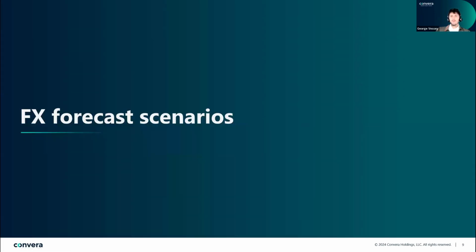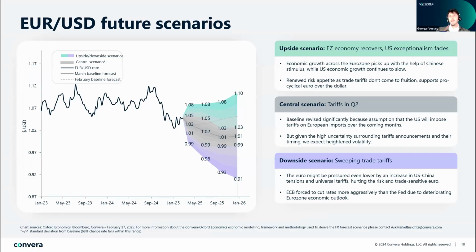So let's take a look at some of these forecasts then. Euro dollar first. As you can see, our baseline forecast has been revised sharply lower than where it was a month ago. So expectations of a sort of 1.02 to maybe 1.01 trading over the next quarter or so. This is because of the renewed threat of the US imposing tariffs on European imports.